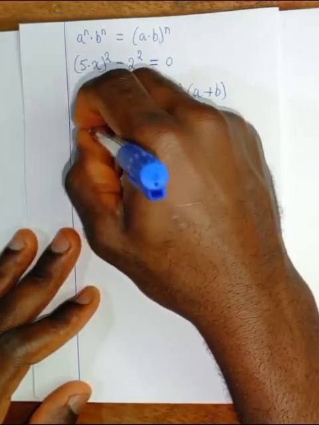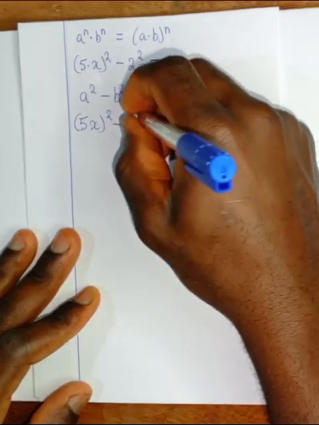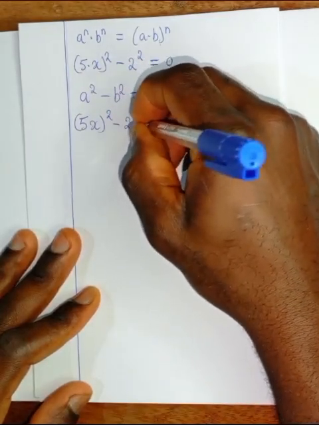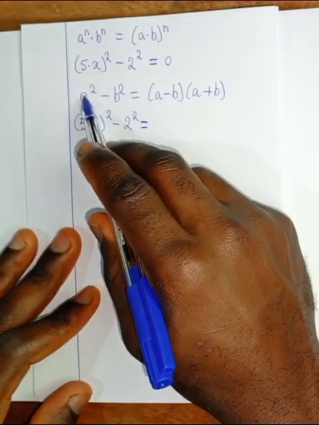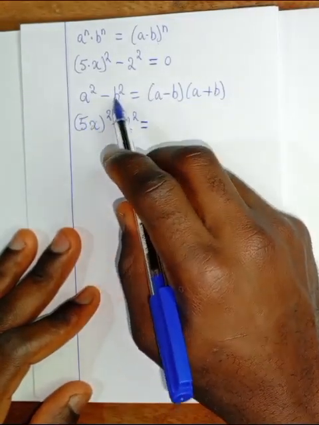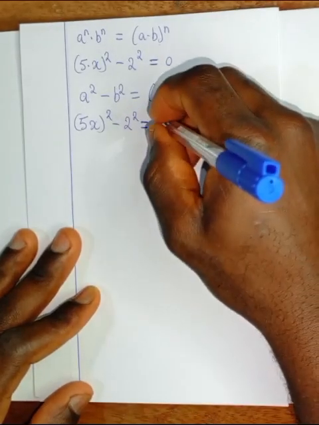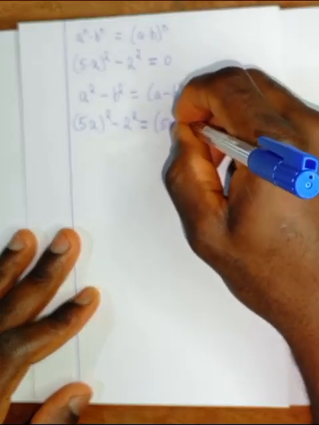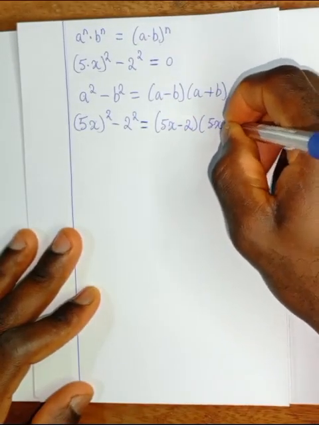This will give us 5x all this squared minus 2 squared to be equal to, let's perform the factorization of this. Compare, a is 5x, b is 2. We are going to replace them here. So this will give us 5x minus 2 times 5x plus 2.